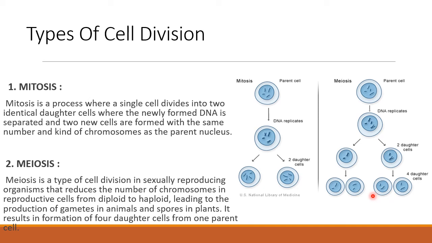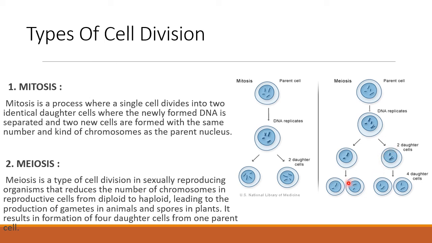Now meiosis consists of two successive cell divisions. These two stages of cell division resemble mitosis, but here the chromosomes are duplicated only once. In the first stage it is replicated, but the second time it is not replicated.